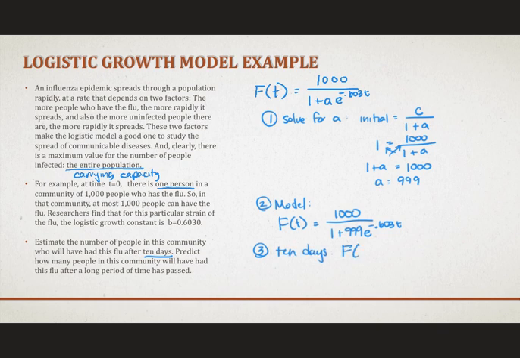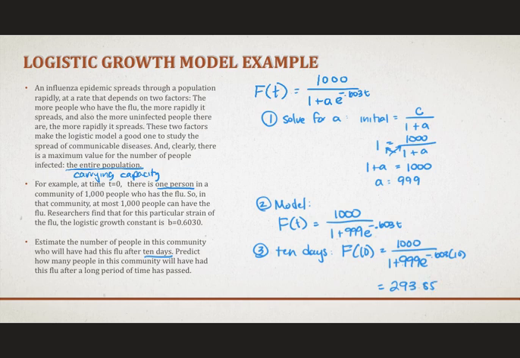So we're looking for f of 10. I have 1,000 over 1 plus 999 e to the negative 0.603 times 10. Then we're going to take our calculator and type that in, and we end up with 293.85.